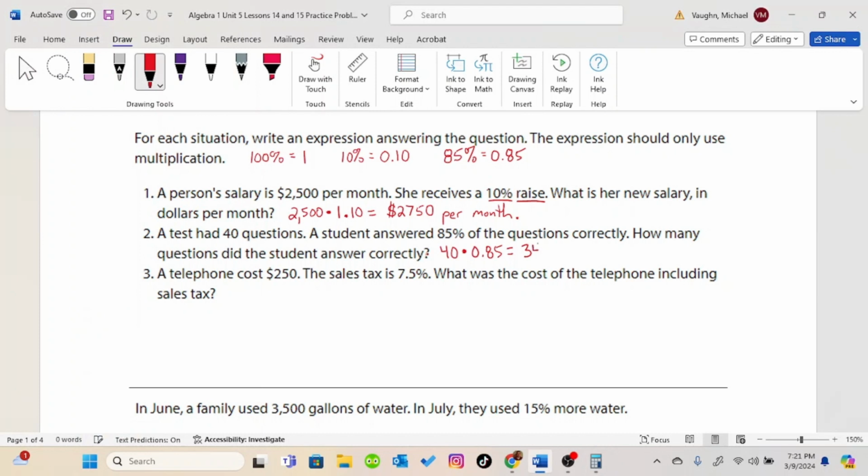So this student answered 34 questions correct.